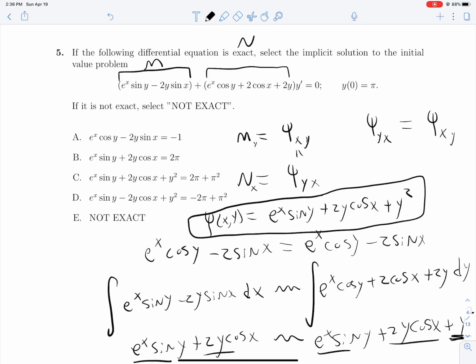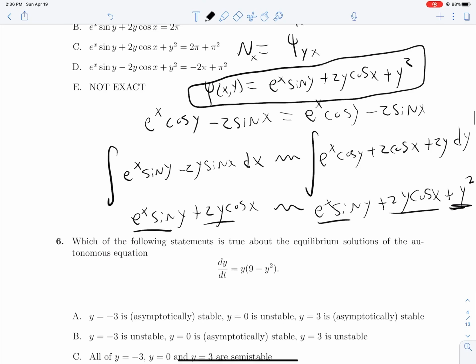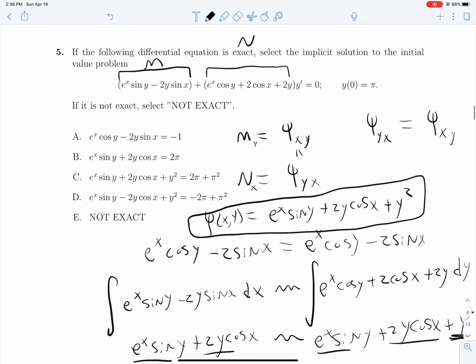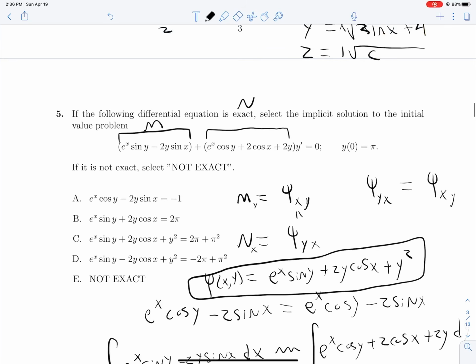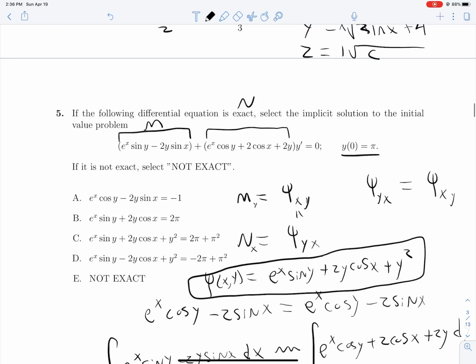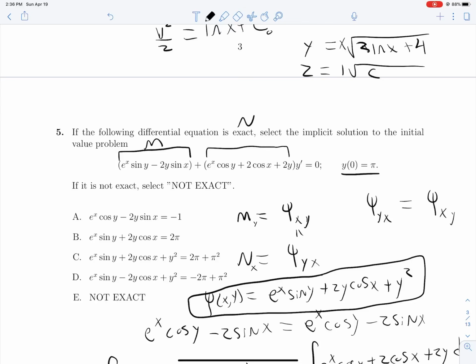So this, however, is not our answer, because we need to apply this initial condition and recognize that the solution is not this psi, but this psi equal to some constant c.